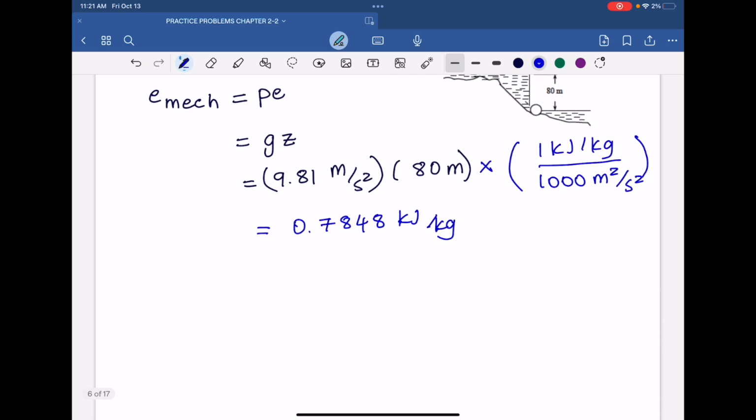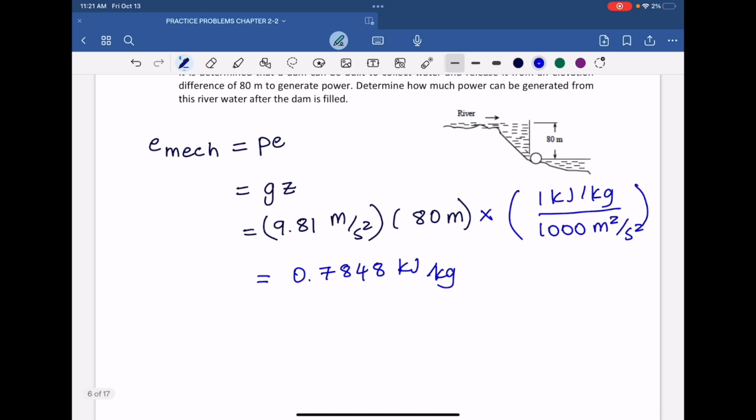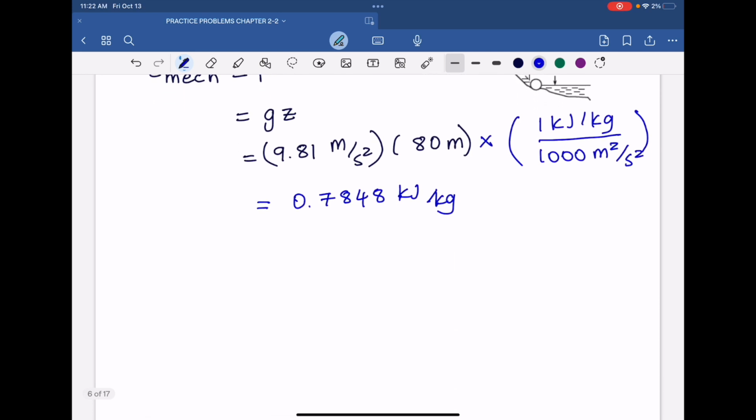So that is the mechanical energy of that water from the river per kilogram. It has the energy of 0.7848 kilojoule.